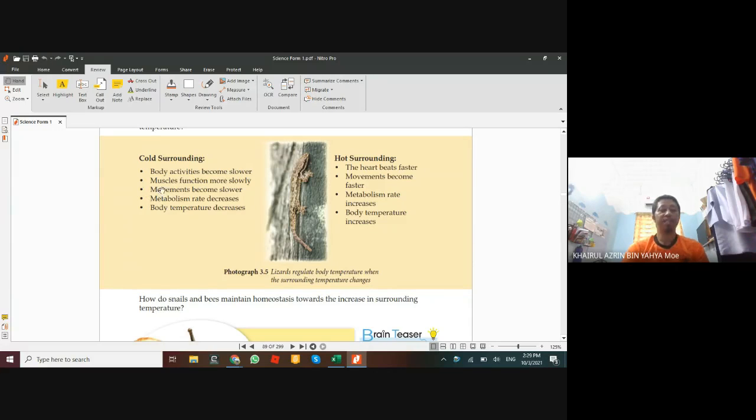Muscles, otot, function more slowly. Movements become slower. Metabolism rate decreases. Body temperature decreases. So actually in cold surrounding, everything becomes slower and the temperature is decreased. Hot surrounding, panas: the heart beats faster, movements become faster, metabolism rate increases, body temperature increases. So this is for the lizard.